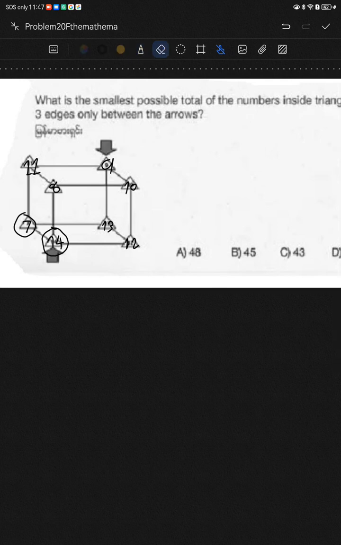Then from 7, we only have one way to go, which is to 11. And then we'll finally go back to the start, or 9. So there we have our path.